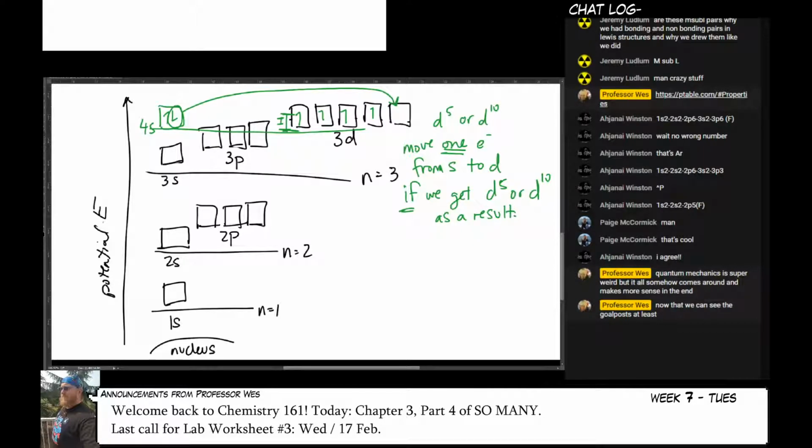So this is just a weird experimental observation that we notice, is that everything in the chromium group, so that is group, what group is that on my periodic table? 6? Yeah. Everything in group 6, and also 11, these elements take 1 electron from the s orbital that's next to the d orbital, and they shuffle it over to the d orbital to get d5 or d10.